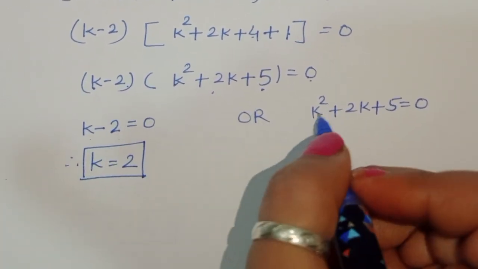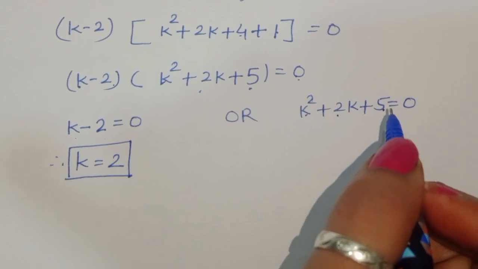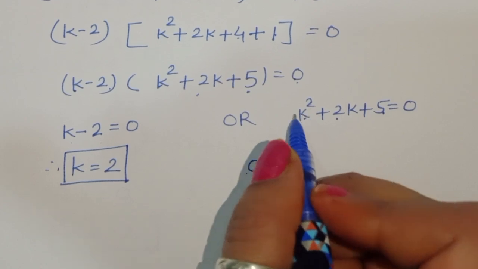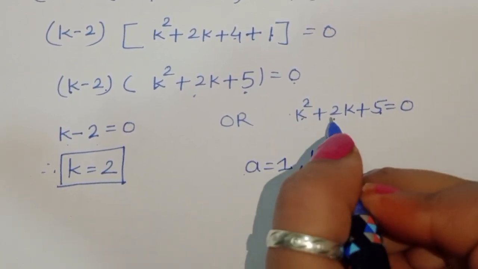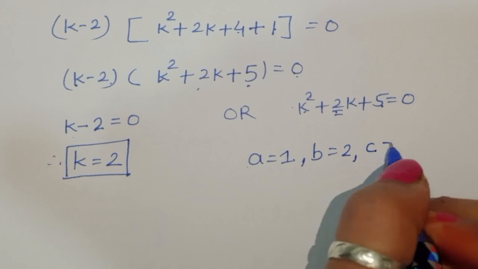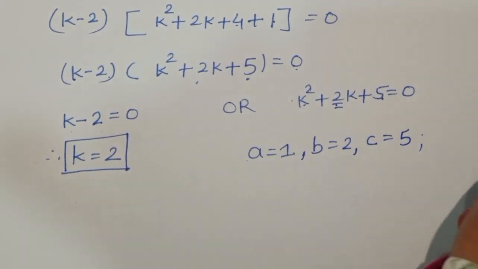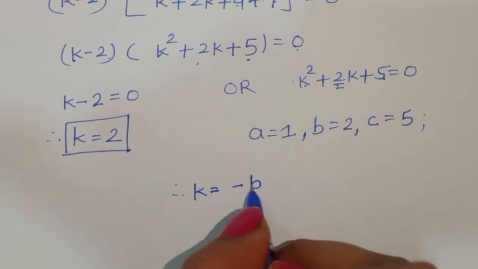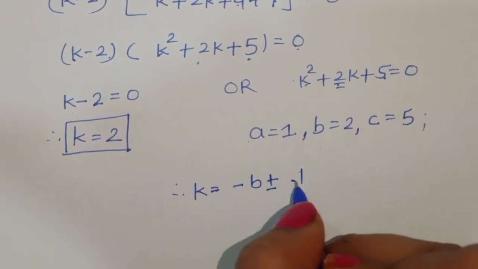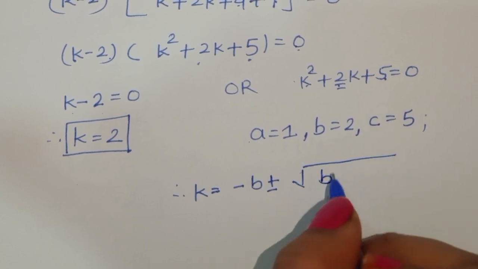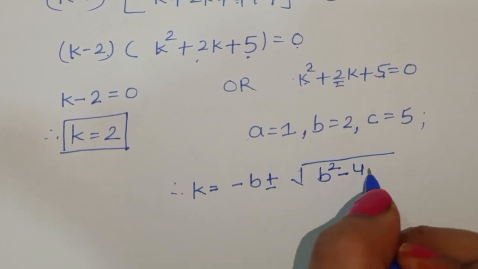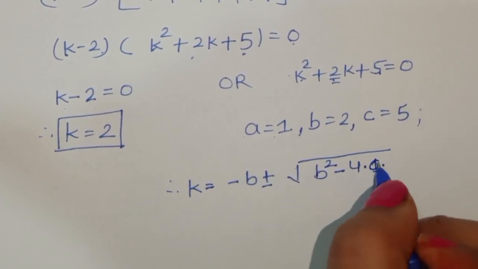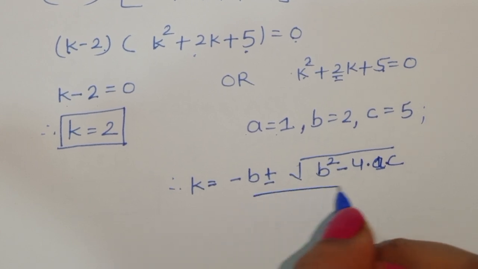Now the next equation is k square plus 2k plus 5 equal to 0. Here the coefficient of k square is a equal to 1, b is equal to 2, c is equal to 5. Therefore the value of k is equal to minus b plus minus square root of b square minus 4ac, upon 2a.